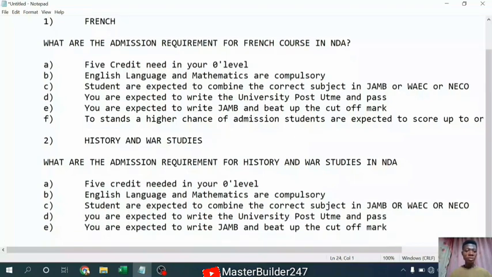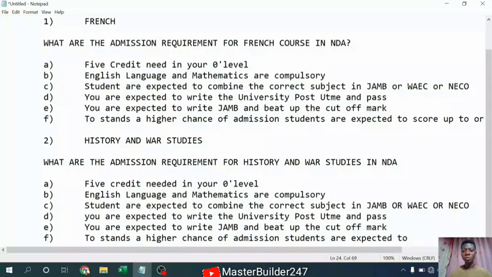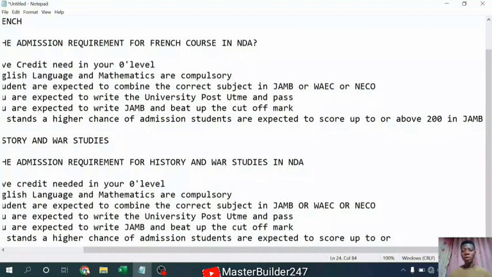Then the F aspect of it is that to stand a higher chance of admission, students are expected to score up to or above 200 in JAMB.